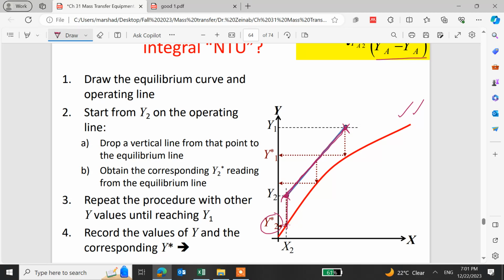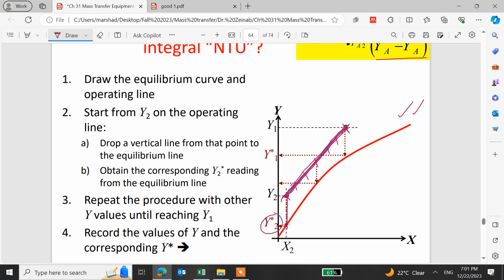Then in this range, because we are going to integrate numerically, we have to break it into intervals. If you do a hand calculation, you cannot make too many intervals. If you make as many intervals as possible, your result will be more accurate. For that we can use MATLAB or something, but numerically you can make intervals of like 0.1.